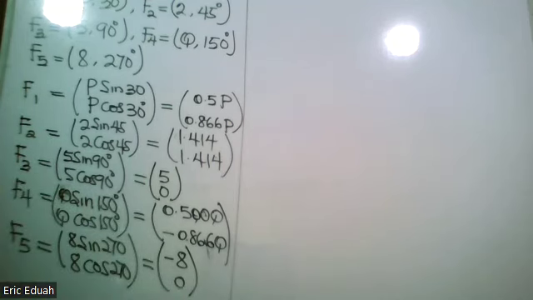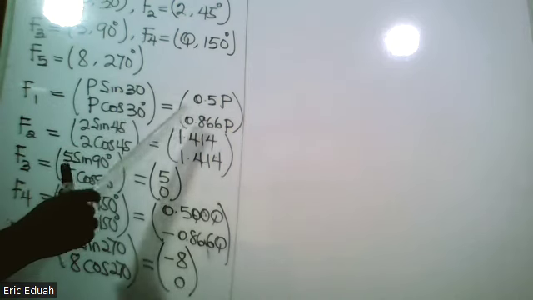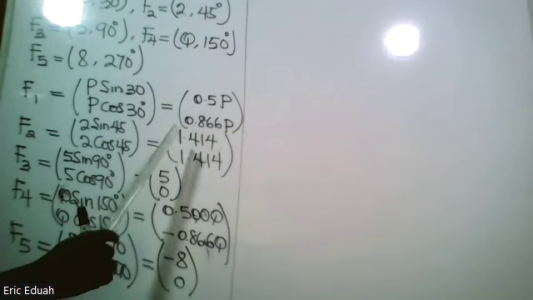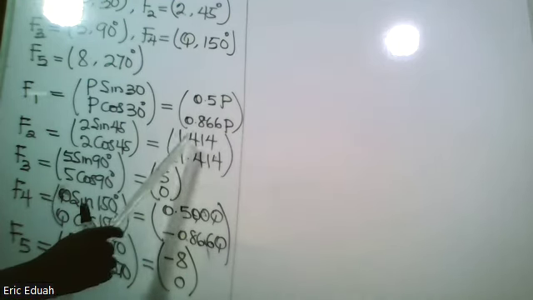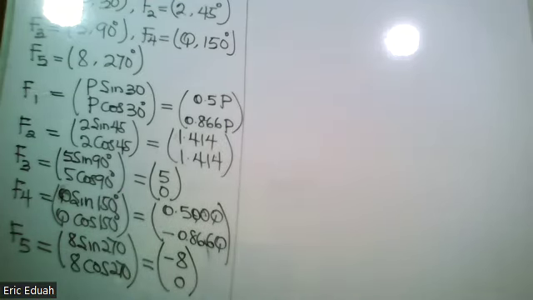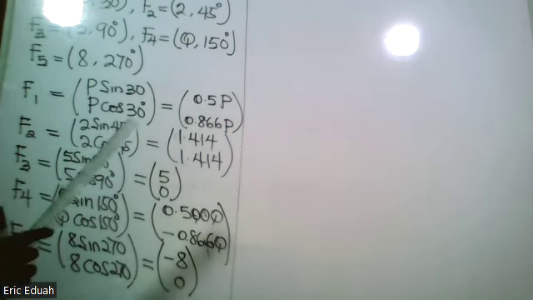F1, when you resolve, you must have 0.5 P and 0.866 P. F2, when you resolve, you must have √2 or 1.414 and 1.414. F3, when you resolve, you must have 5 and 0 for x and y.